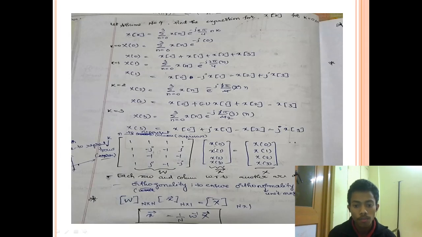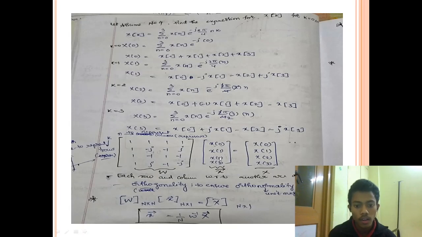If you observe clearly, we can rearrange the above 4 equations in matrix form. This is our input signal x0, x1, x2, x3, and this is the matrix. This is one row vector, another row vector, another row vector, and another row vector. The first row vector times this signal will give X of 0, the second row vector gives X of 1, the third gives X of 2, and the fourth gives X of 3.